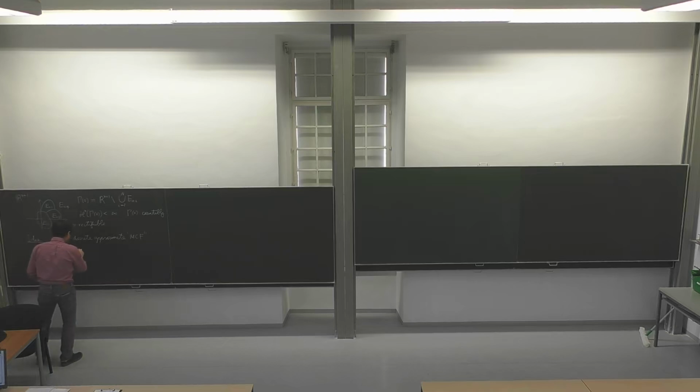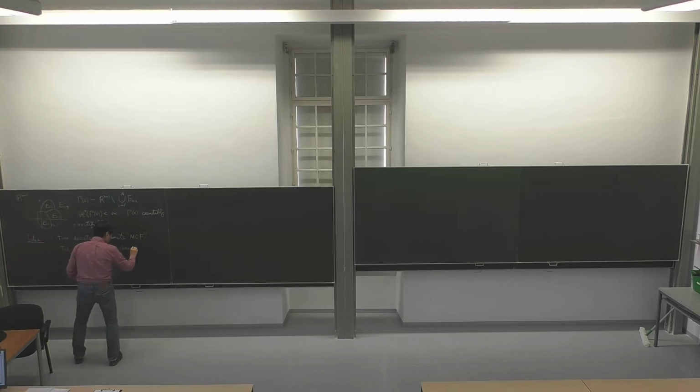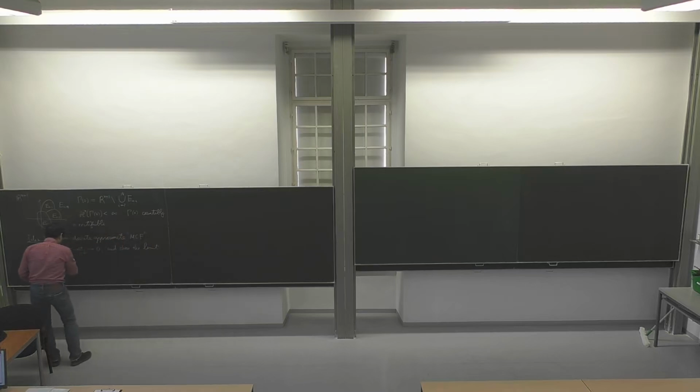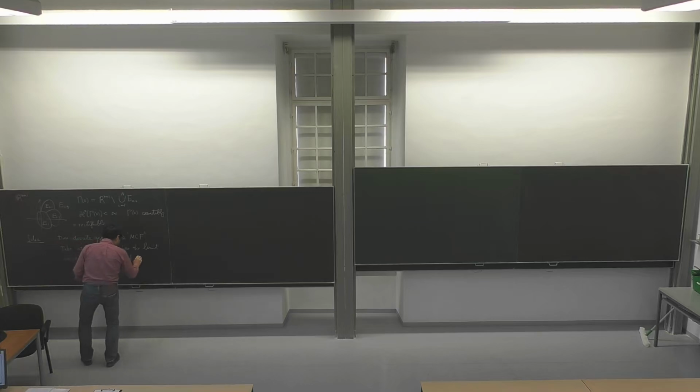So basically, you have a time grid size, which I usually write as delta t. Take this going to 0 and show the limit exists and is a desired Brakke flow.